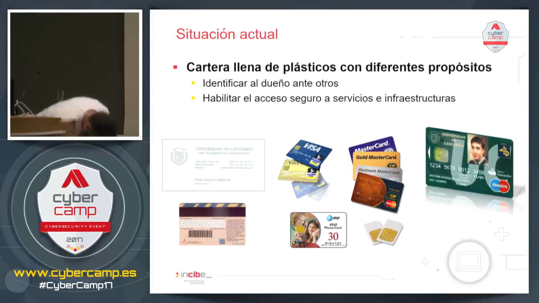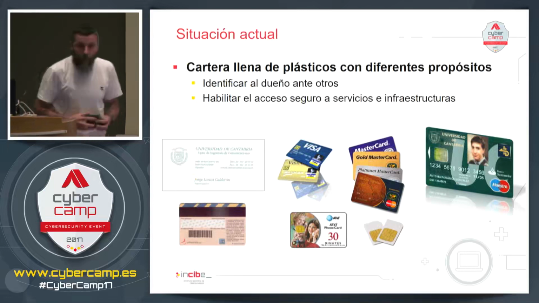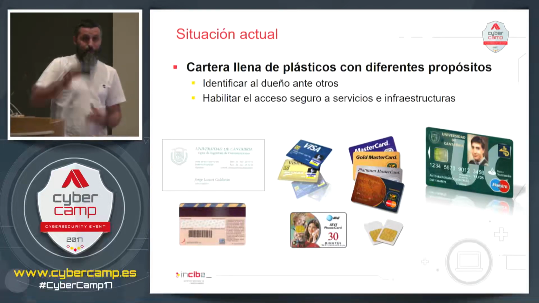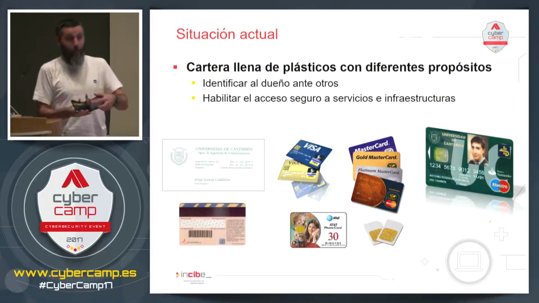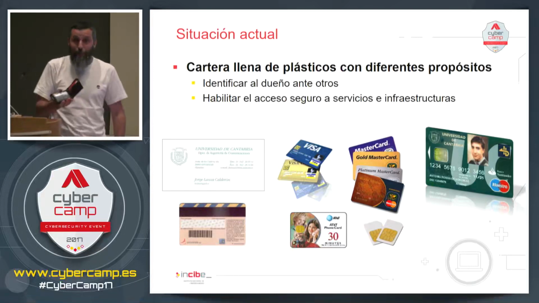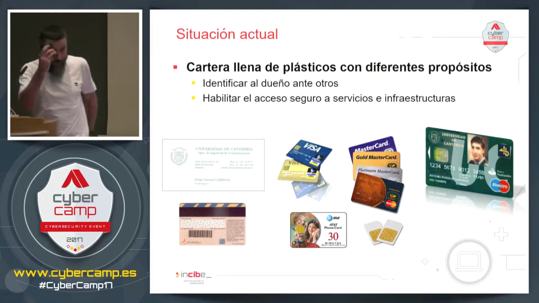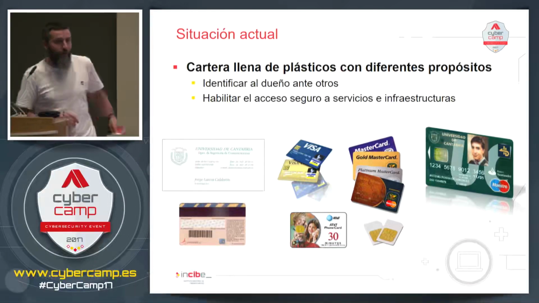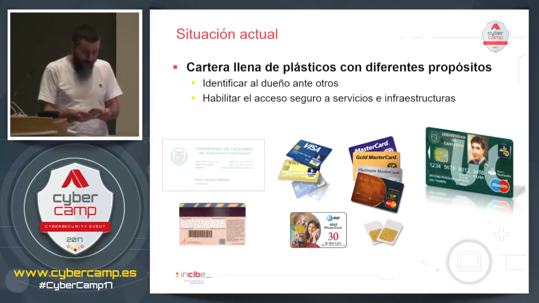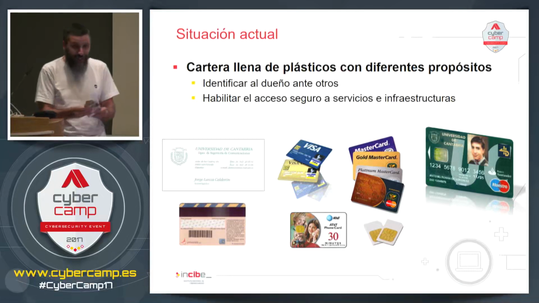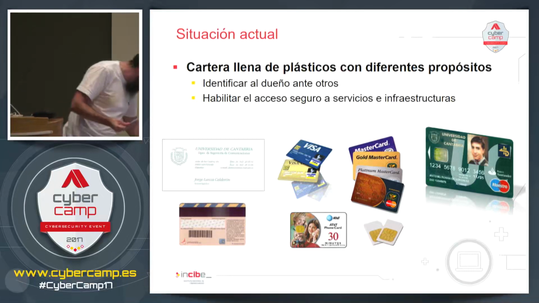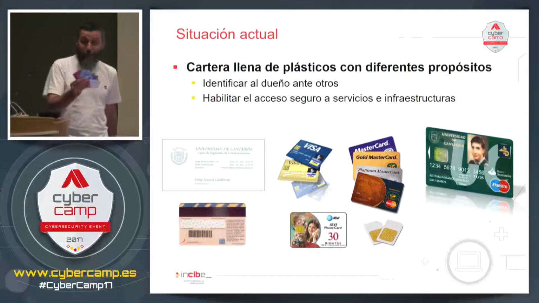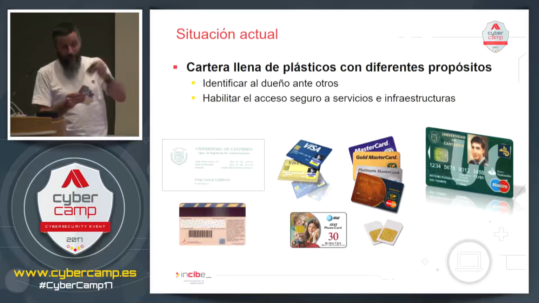So I always start with this. It's my wallet. As you can see, it's kind of a brick more than a wallet. This is a part, but lately I don't want to take all this. I have another card set in my pocket with lots of papers. These are the ones I use in my daily life.